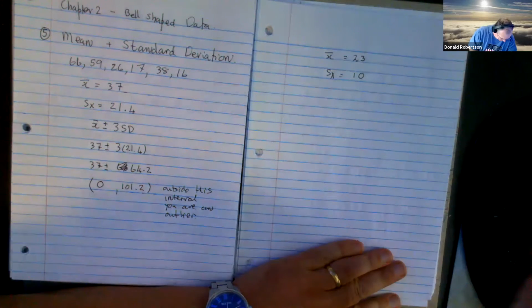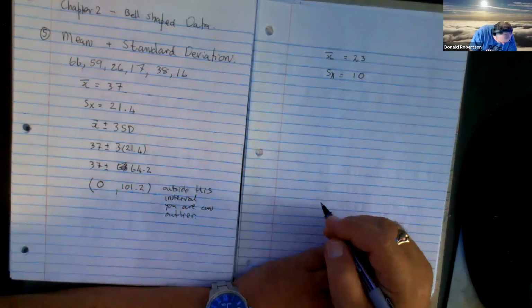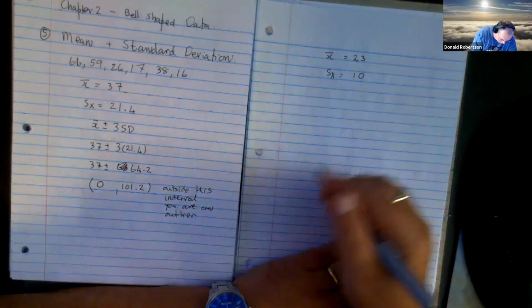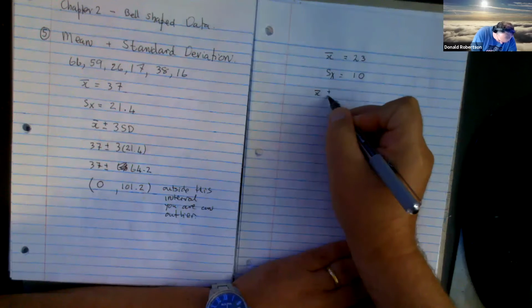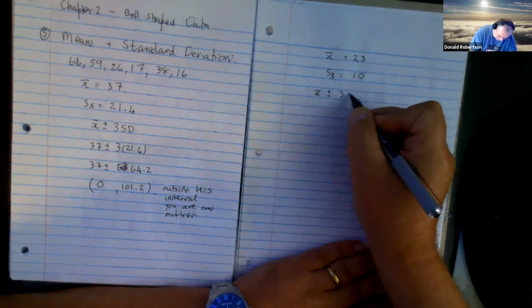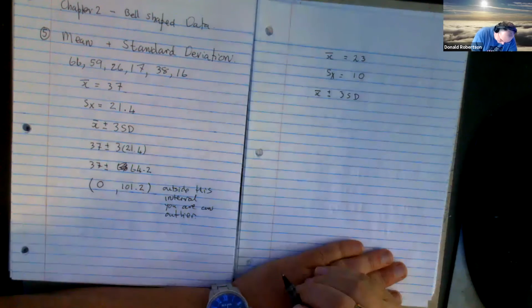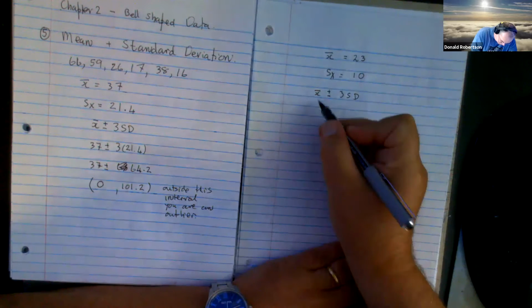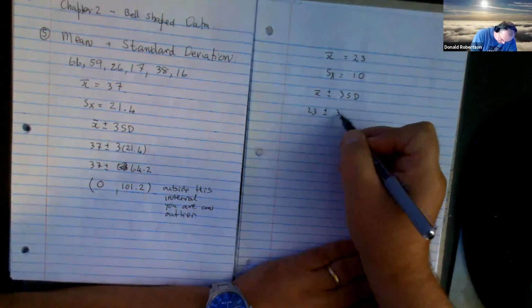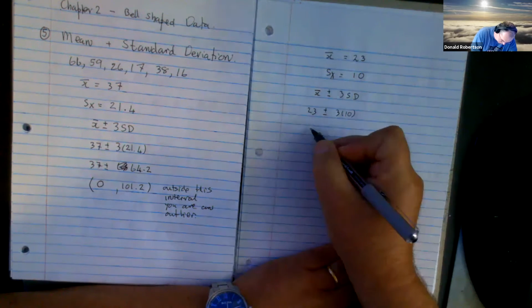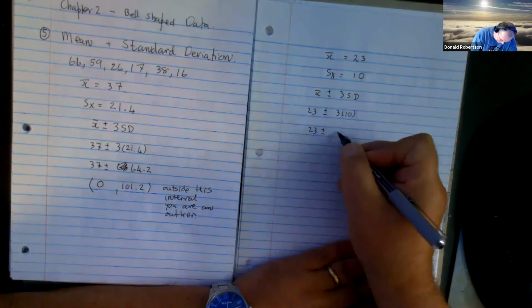So let's find out what numbers are outliers. So the test is you find this interval. If you take the mean, it's 23, add or subtract 3 lots of 10. So that's 23, add or subtract 30.